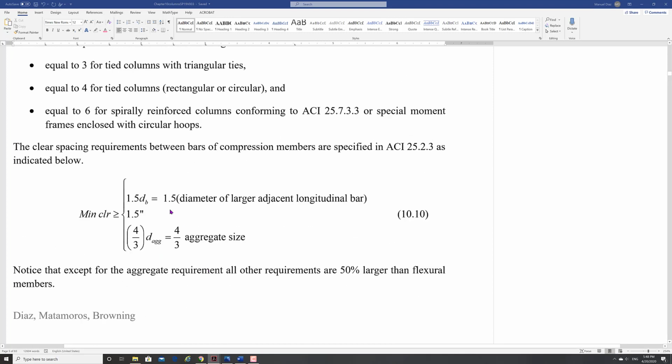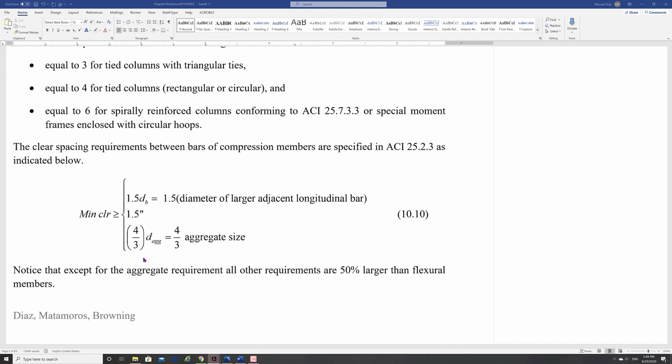Clear spacing requirements, we went through these too. The bars need to have a clear spacing of either 1.5 times the diameter of the longitudinal bars, 1.5 inches, or 4/3 the diameter of the aggregate.